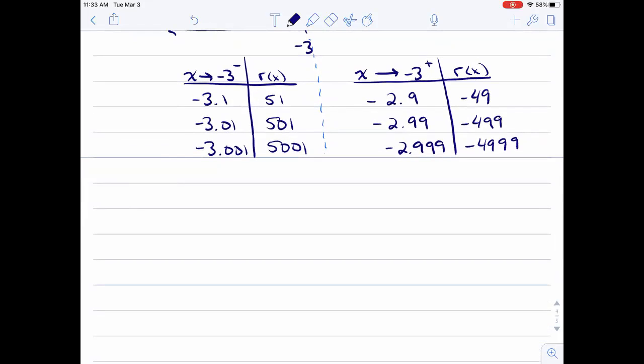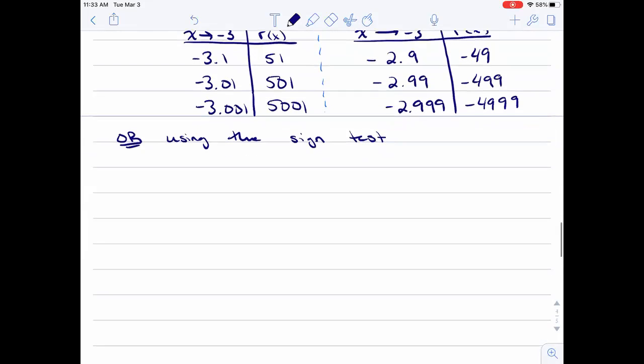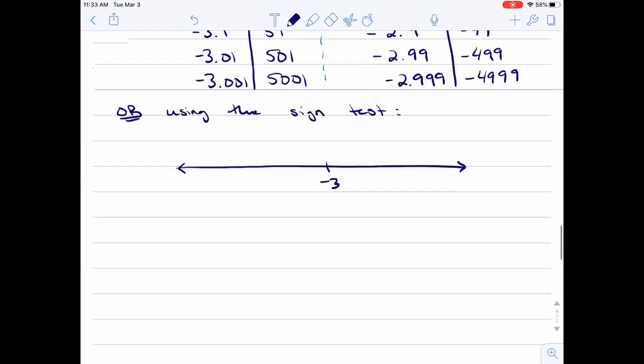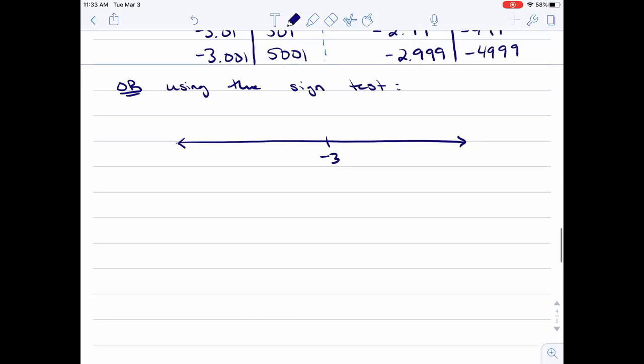Or using the sign test. If we're looking around -3, because that's where we decided we have a vertical asymptote, we remember that r of x is x minus 1 times x minus 2 over x minus 1 times x plus 3.